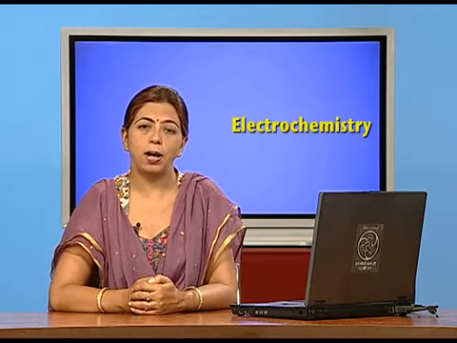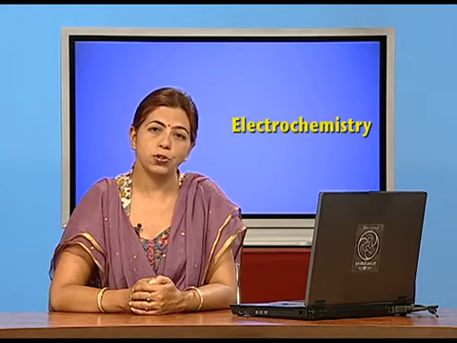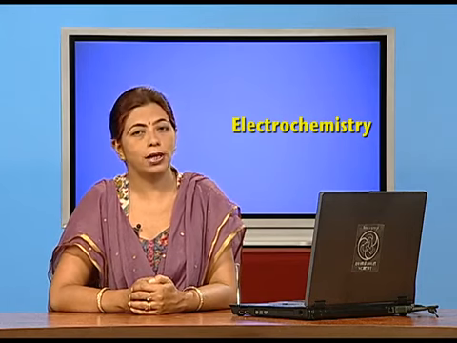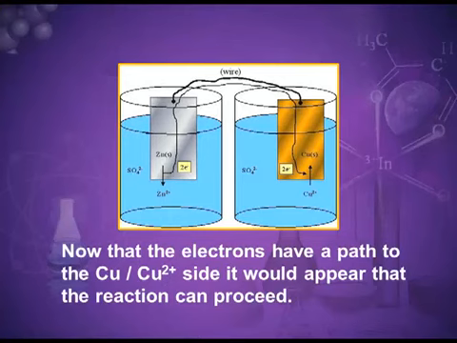And these copper metal atoms will get deposited on the copper electrode. We can say that the electrons have a path to the copper ion side. It would appear that the reaction can proceed and we can see that the bulb will glow.